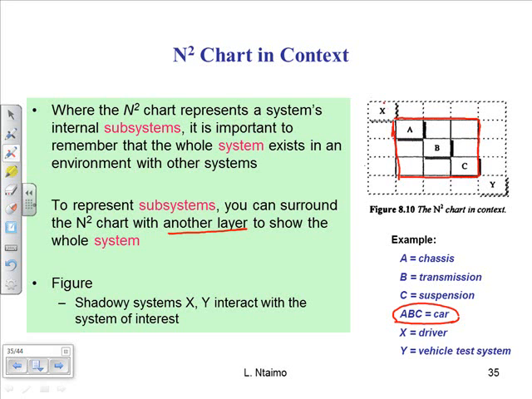X, for example, could be a person, the driver. And then we can also add Y. Y could be maybe some vehicle test system. Maybe you have to test your vehicle emissions. So this gives you a pictorial representation of this system in a particular system environment, just using an n-squared chart.